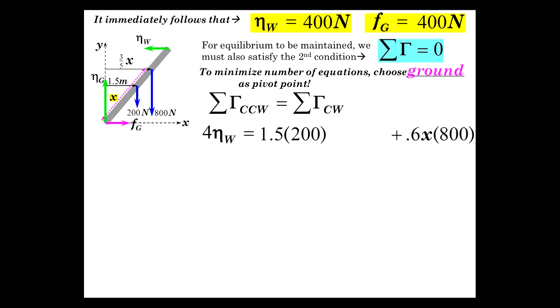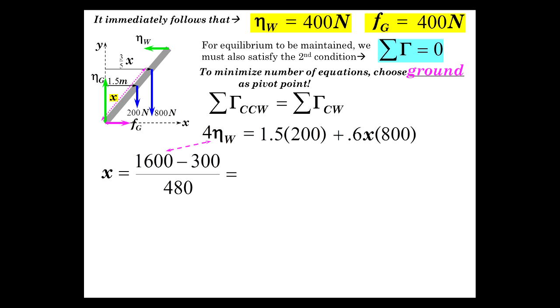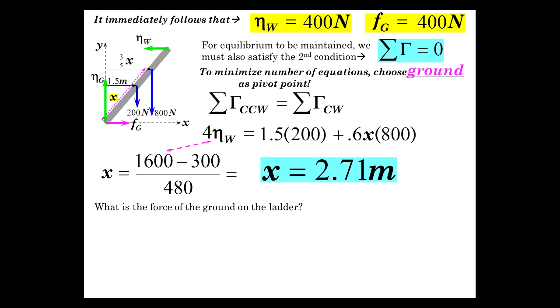So let's write that out: 1.5 times 200, plus 0.6x times 800. So we can solve for x. We already know the normal of the wall is 400, so that's 1600 minus 300 over 480, which is 0.6 times 800. That gives 2.71 meters. That is the answer to the question.